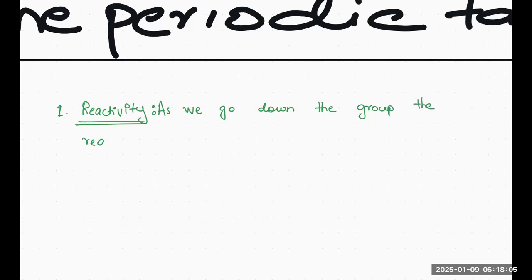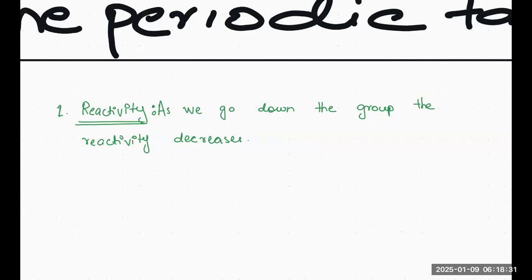Now, this is opposite to what we had studied for group 2. Okay. In group 2 and group 1, I had told you reactivity increases as we go down the group. In group 7, reactivity decreases as we go down the group. So they are both opposites to each other. So please, whenever you're answering exam questions, pay attention to exactly what they're asking you.